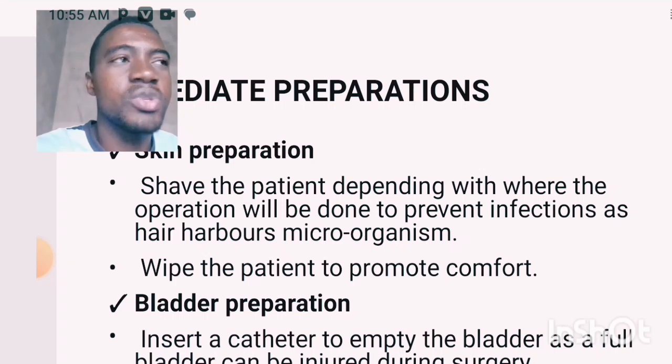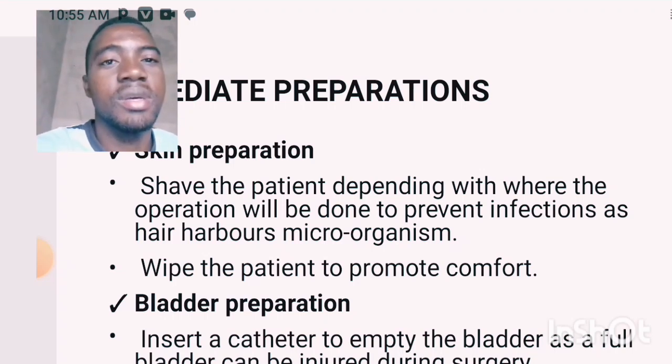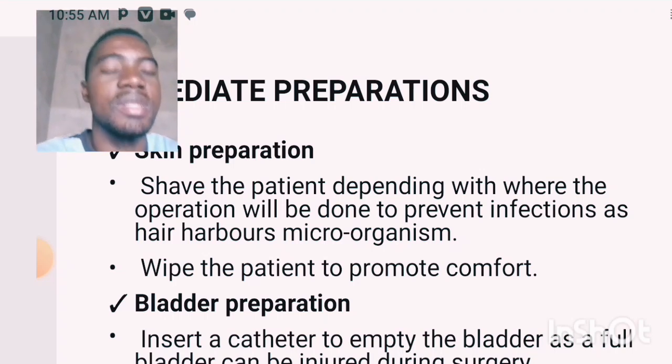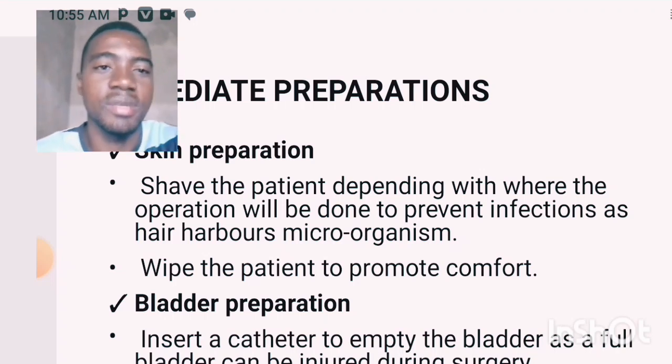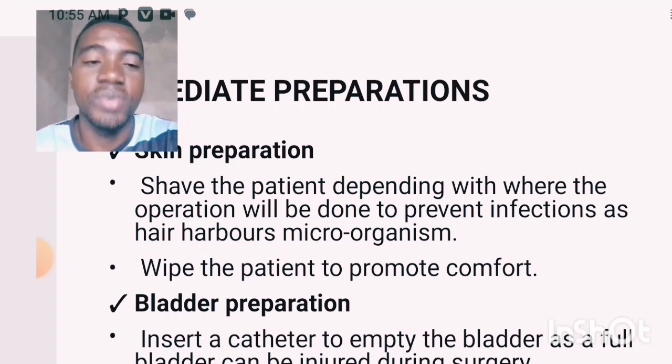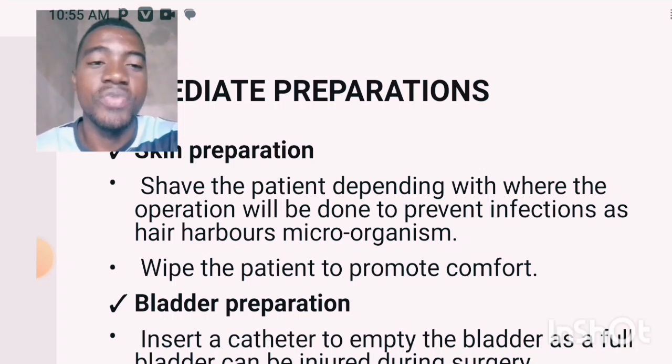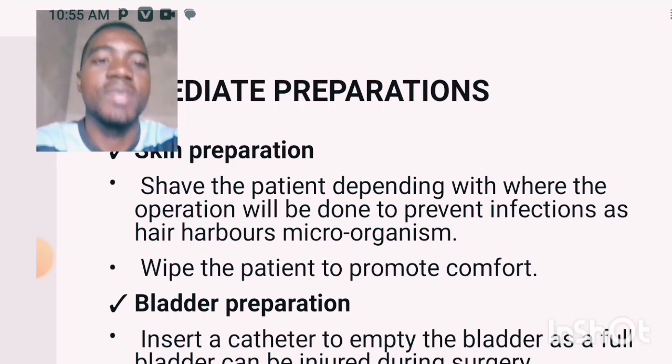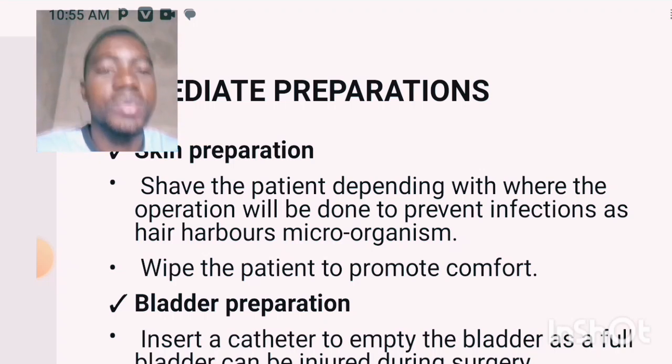Or this person may just urinate while you're doing the emergency surgery, and urine, those waste products, go on the sterile field, which is infection. You're introducing infection. So it's very important to catheterize this patient.